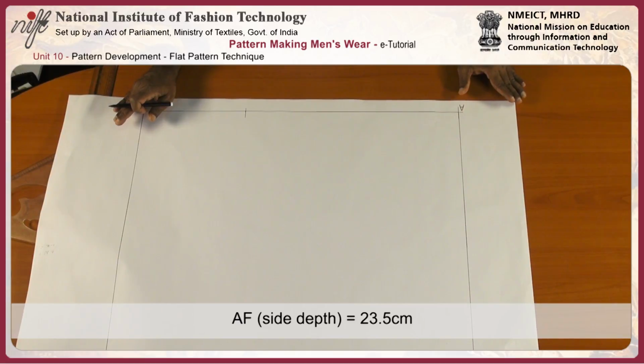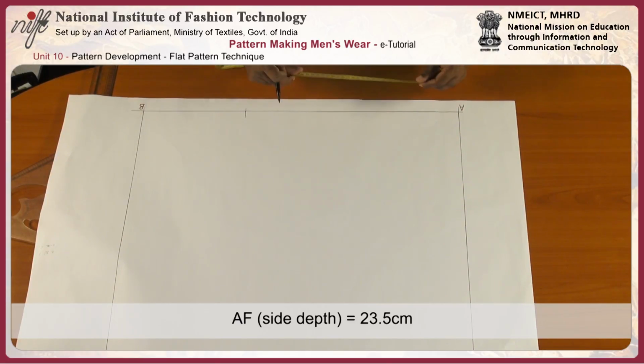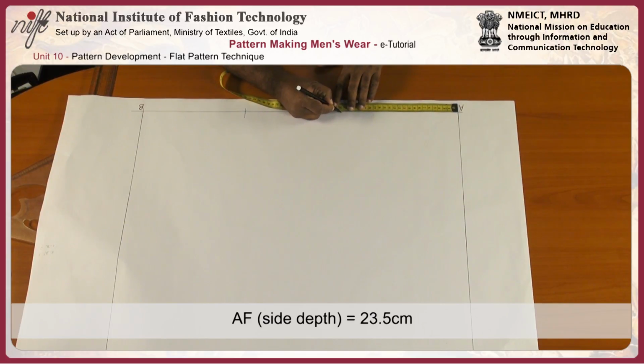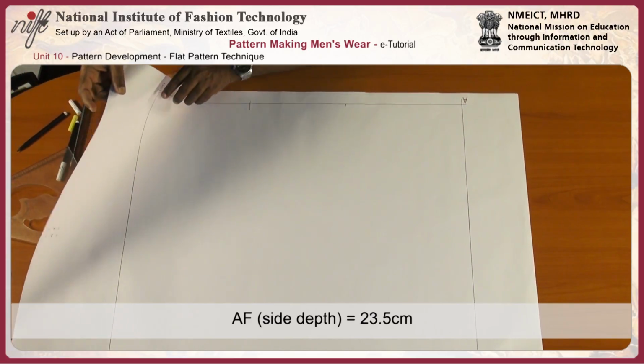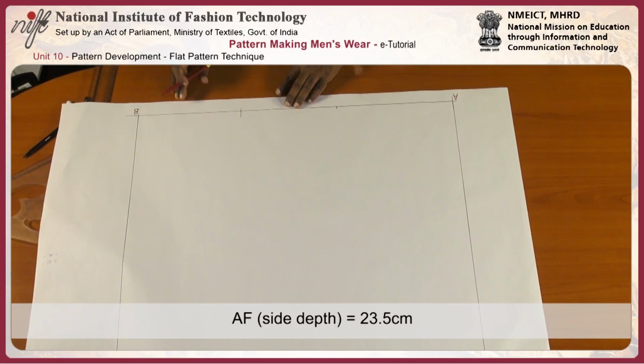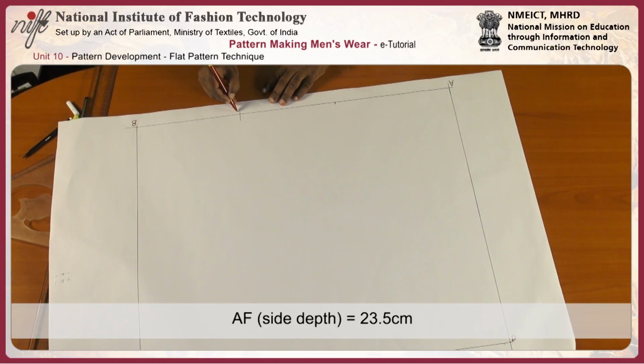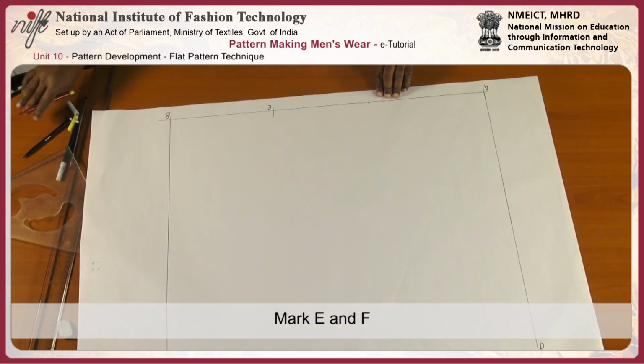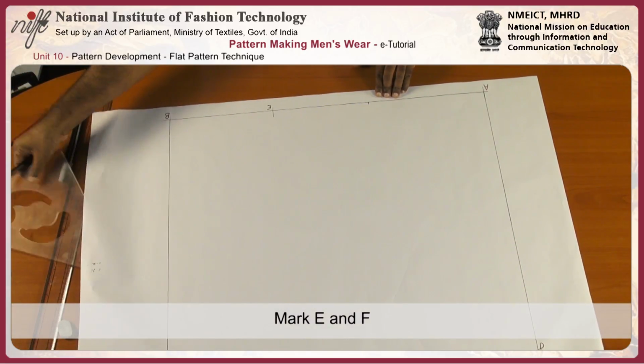A to F is the side depth, which is 23.5 centimeter. This will be point E and this will be point F.